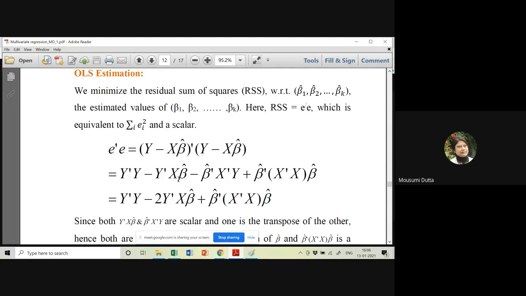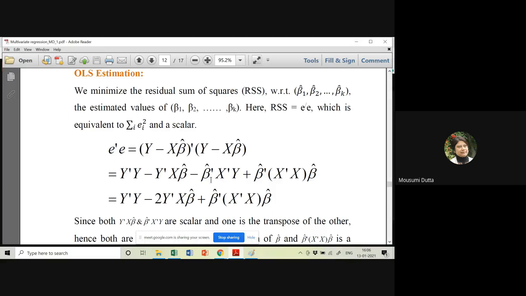N cross K. So the first term is 1 by N, then N by K. And what about beta hat? K cross 1. So what is the order of the entire term? 1 cross 1. Very good.